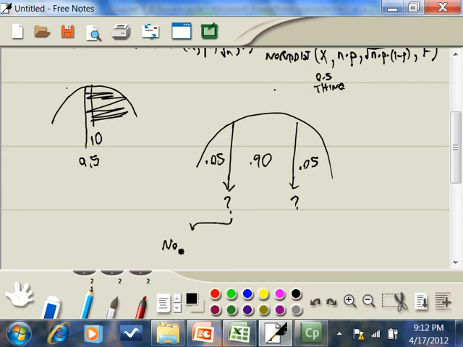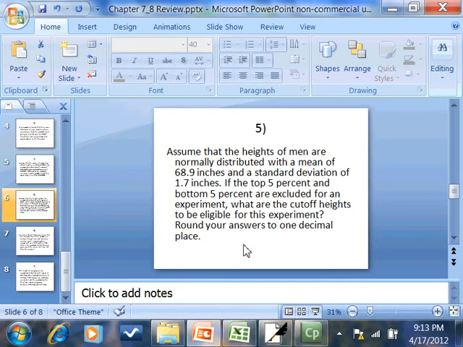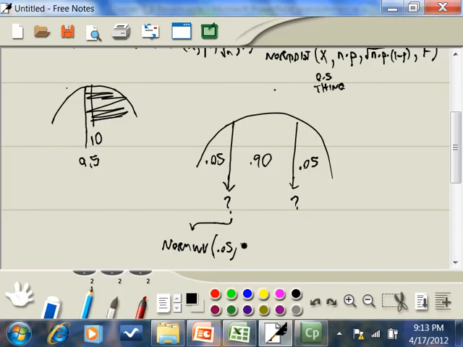Now this is going to be the NORM.INV, the area to the left, which would be 0.05, and then our mean, which was 68.9, then our standard deviation, which was 1.7. And this one will be NORM.INV.